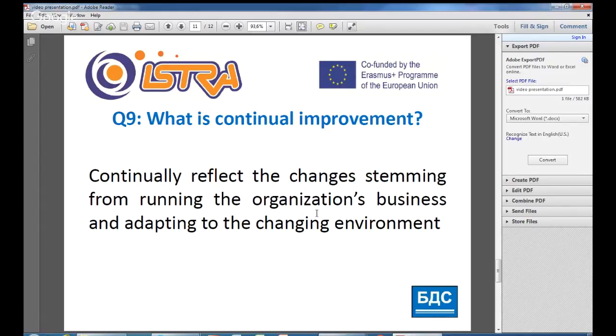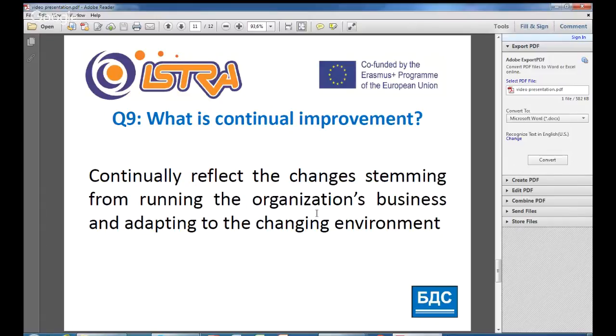Some of the most well-known triggers for continual improvement in risk management include, for example, opportunities for improvement identified as a result of routine monitoring and review of the framework and the process, new knowledge becoming available, and a substantial change to the organization's internal and external context.